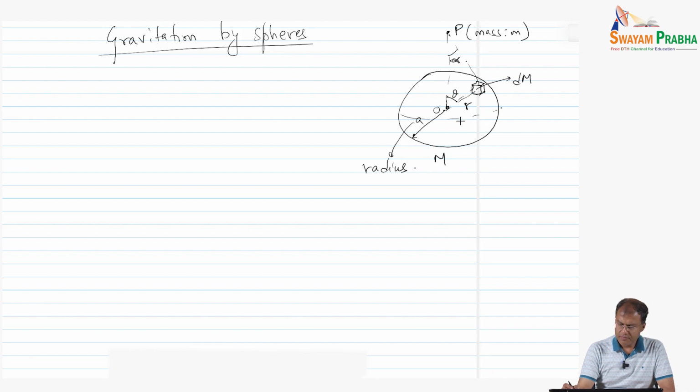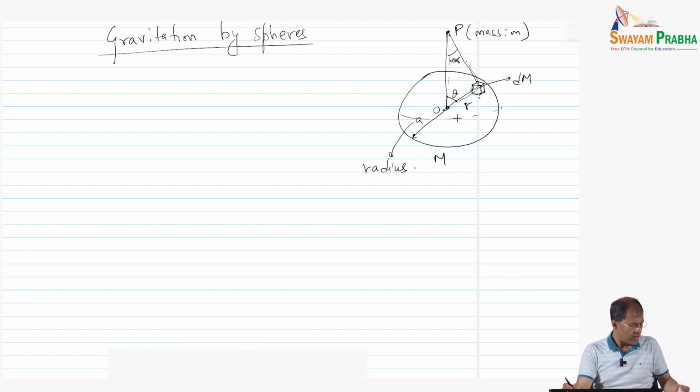So let us now, based on this geometry, start to write the force of gravitation due to this infinitesimally small mass on the point mass. If we look at this particular triangle here, then we see that there are these distances that we have to worry about.